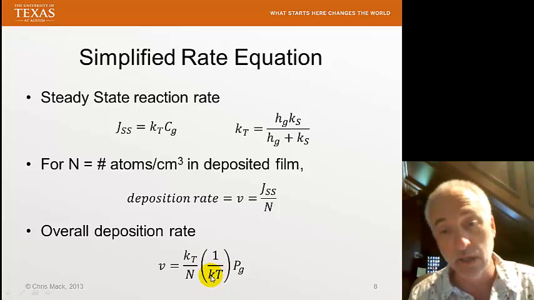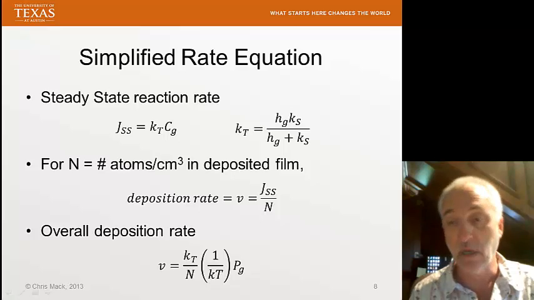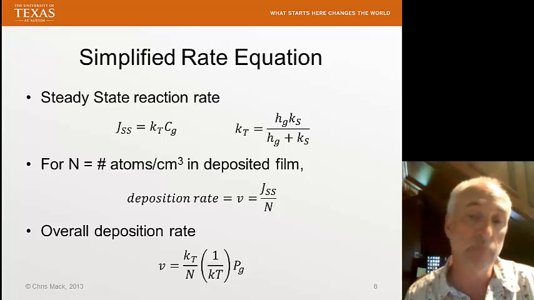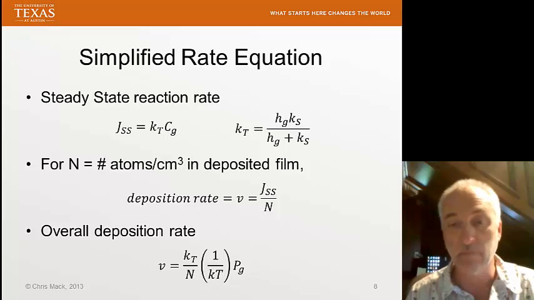We'd use R if we had different units. So either way, it depends on the units that we're using.